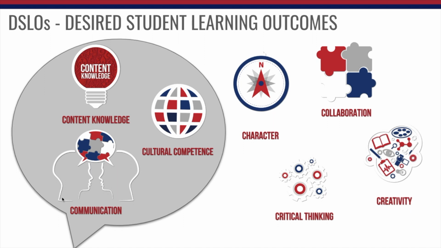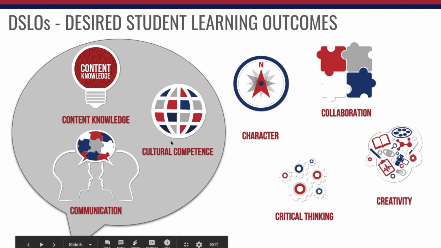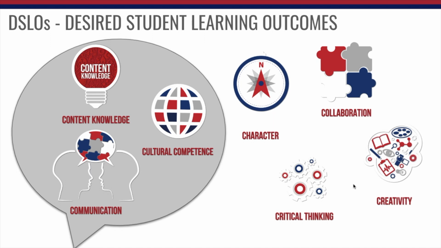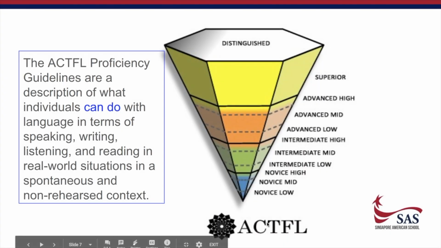The other DSLOs will also be assessed over time alongside language development through the SAS school-wide competencies that have been developed. At SAS, we follow the Proficiency model created by the American Council on the Teaching of Foreign Languages, or ACTFL.